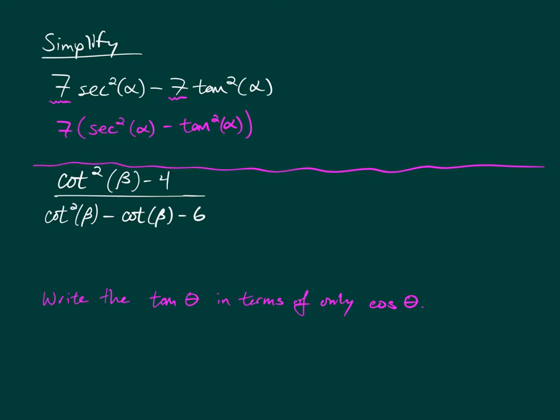So I'm going to come over here to the right side of the screen, and I'm going to write the Pythagorean identity involving secant squared and tangent squared. So you see here there is a Pythagorean identity involving tangent squared and secant squared.